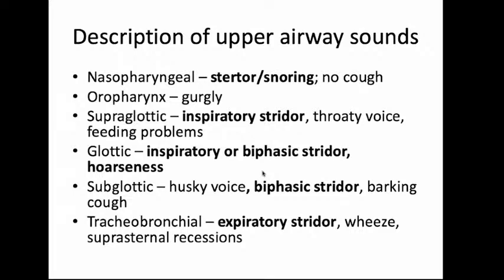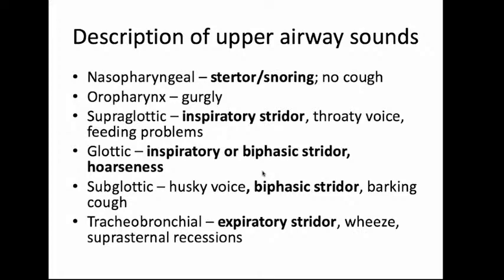When it is at the subglottic level, it will be biphasic. And if there is a cough, it will be barking. And below that, in the tracheobronchial tree, you get expiratory stridor, and there might be a wheeze if you listen carefully. And you also observe suprasternal recessions.